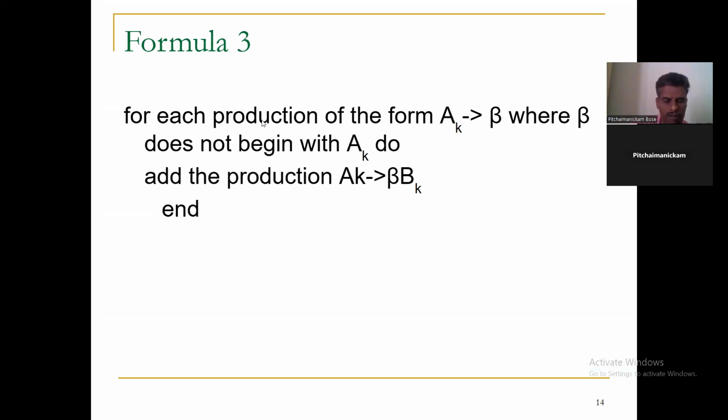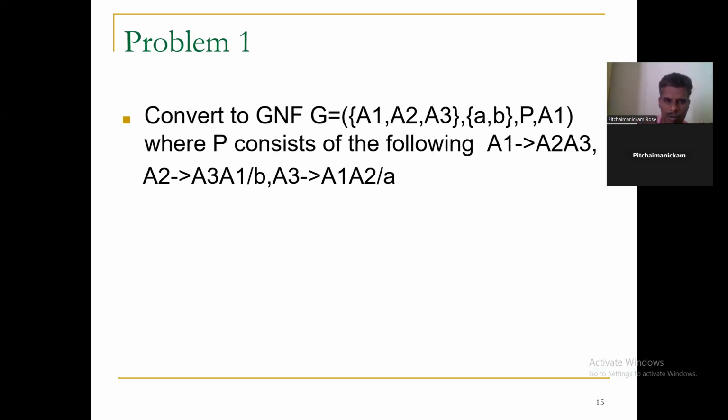Formula 3 is for each production of the form Ak tends to beta where beta does not begin with Ak. If this formula is satisfied, we need to add the production Ak tends to beta Bk. These three formulas we are going to apply to convert the given grammar into the normal form, that is Greibach normal form.